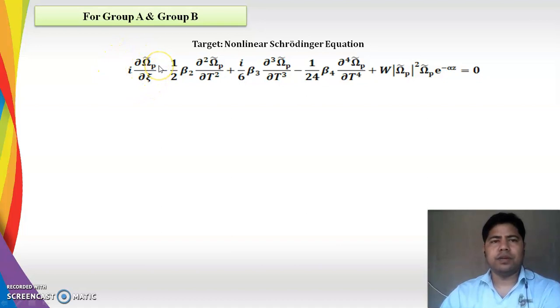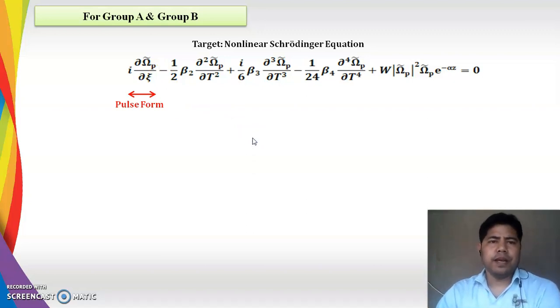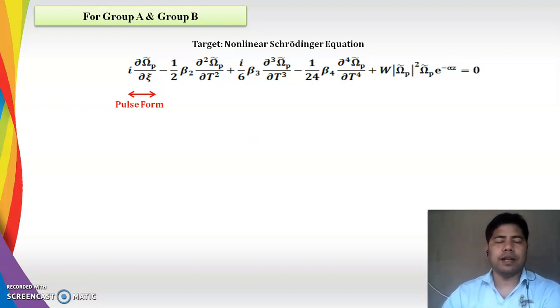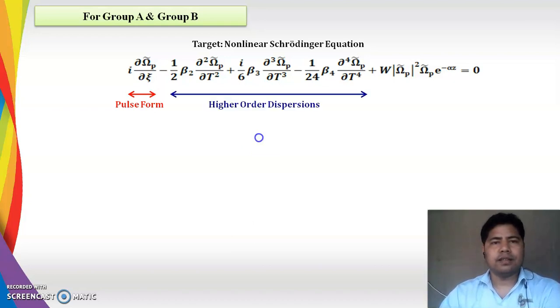The first part is the pulse form, which gives the form of the pulse, meaning the spatial distribution of the pulse that we are going to use. The second part contains three terms: the second, third, and fourth terms. These are higher order dispersion terms, and the third one is the nonlinearity term.